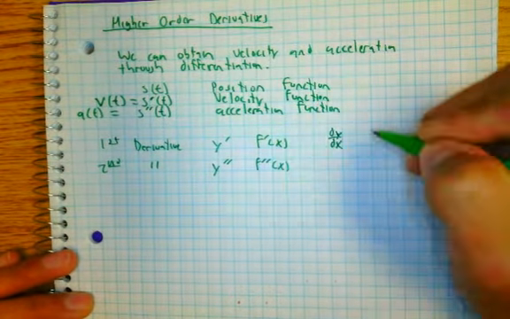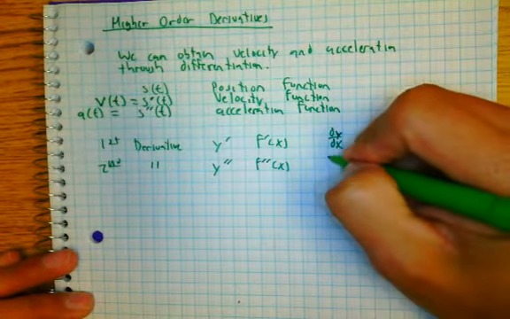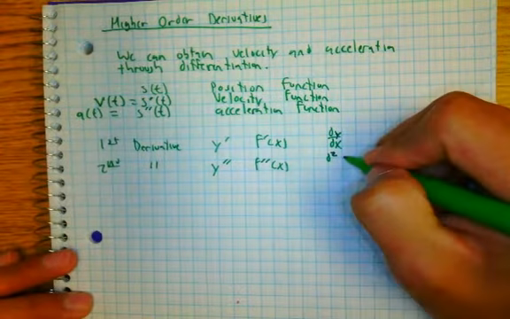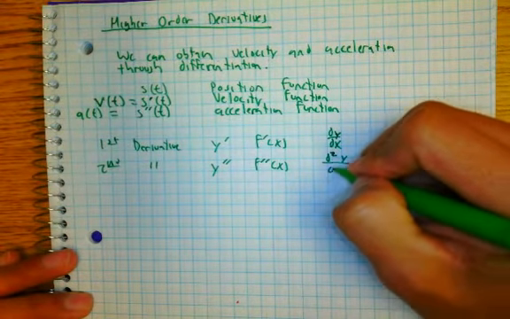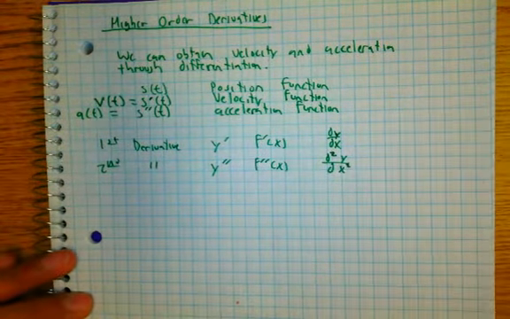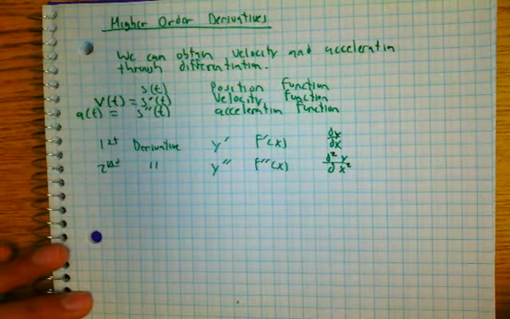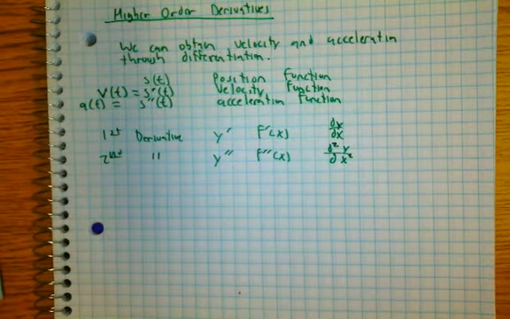Third derivative would be, guess what? Triple prime. And then d cubed y over dx cubed.